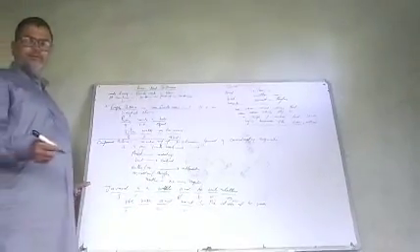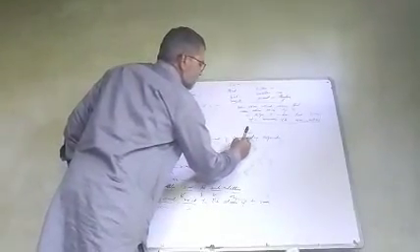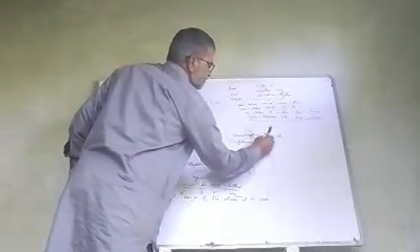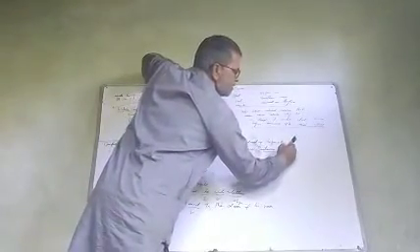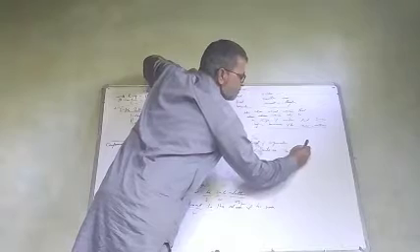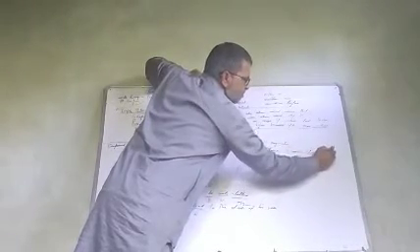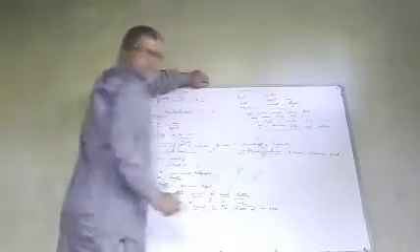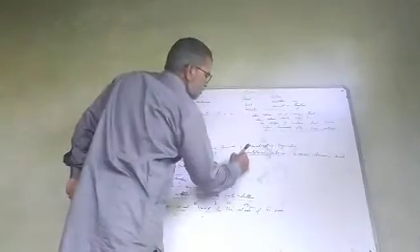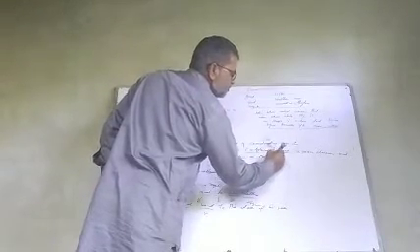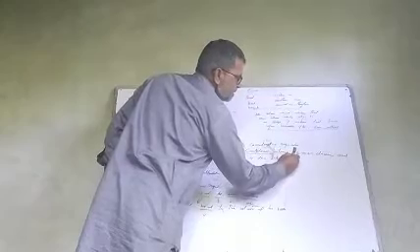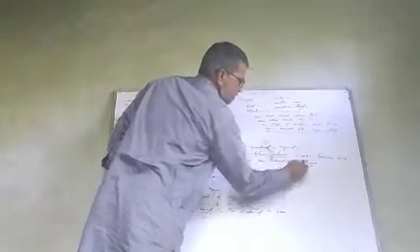And the third type of sentence is known as complex sentence. A complex sentence contains a main clause and one or two subordinating clauses.